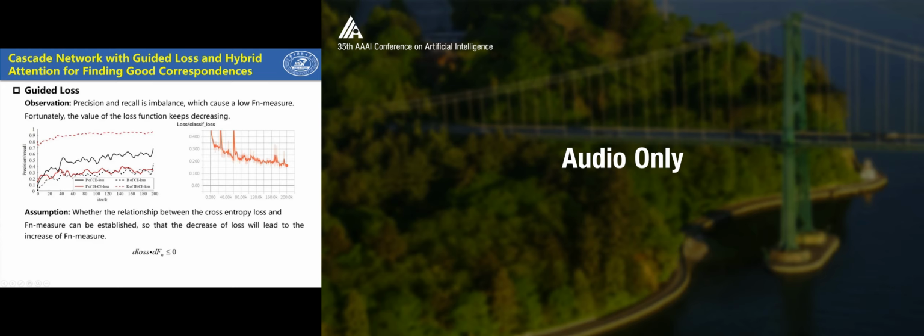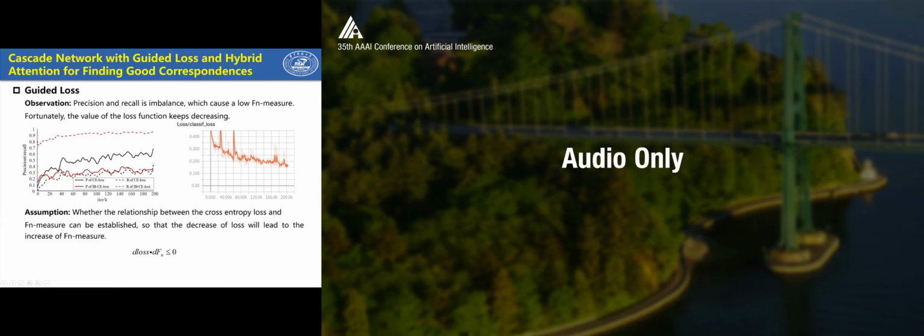First, we introduce the proposed guided rules. Let's look again at the recorded training curve when using CE loss as the loss function. Both types of CE loss functions lead to an unbalanced distribution of precision and recall, which results in a low FM error.